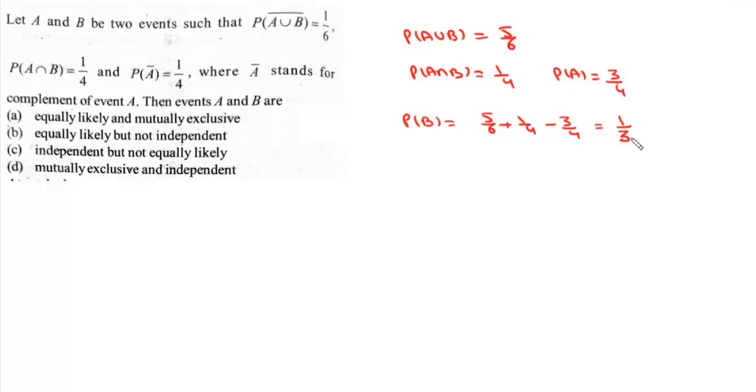Now since the probability of A and the probability of B are different, these events are not equally likely. And if we look at P(A) into P(B), this value is simply 1 by 4, which is the same as P(A intersection B). That means these two events are independent but not equally likely. That means option C is correct.